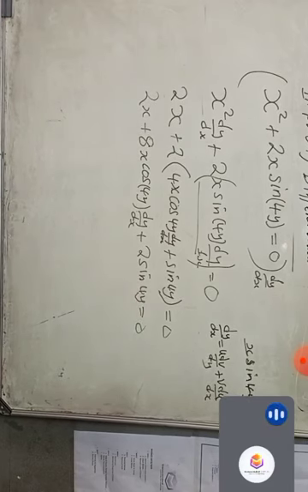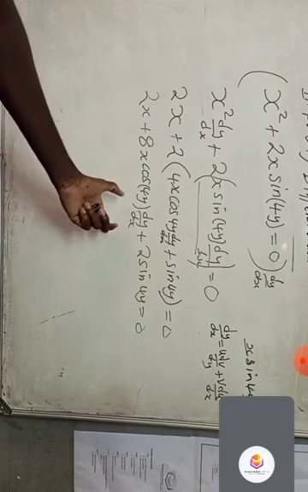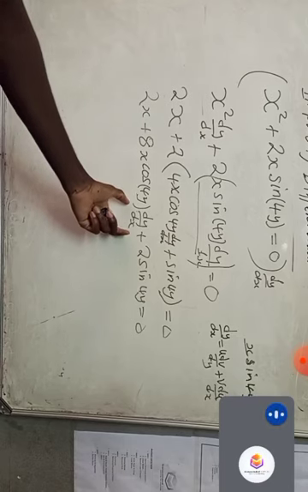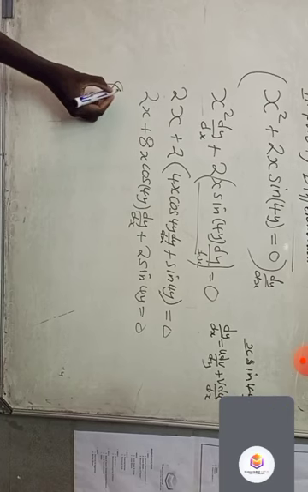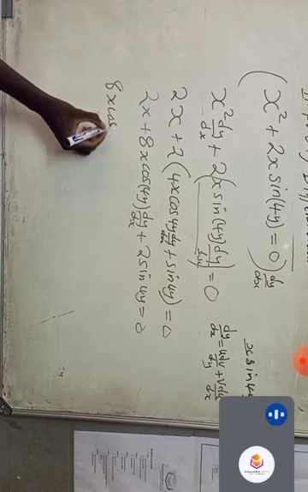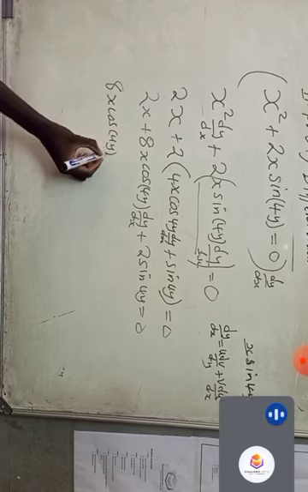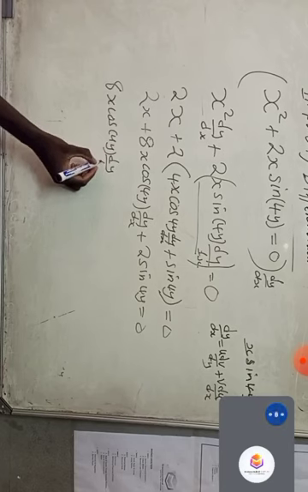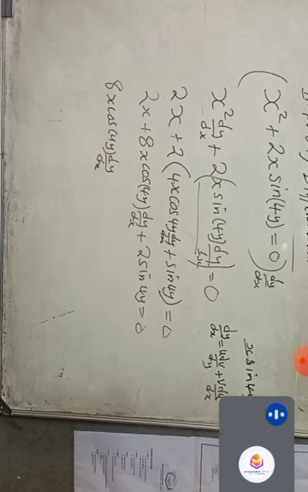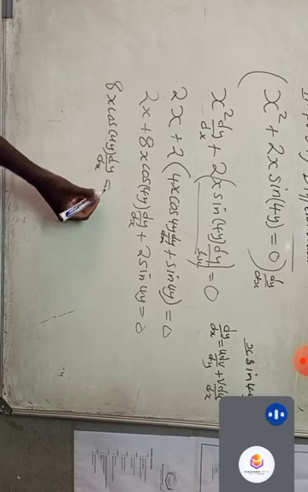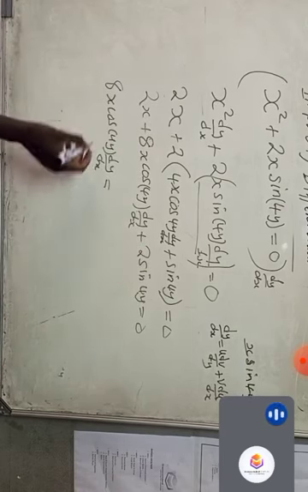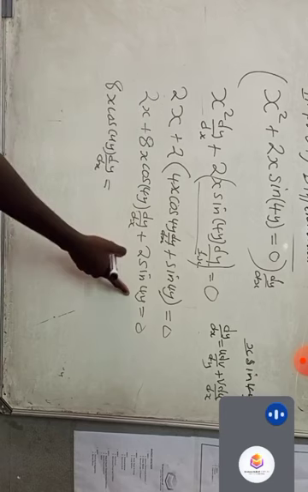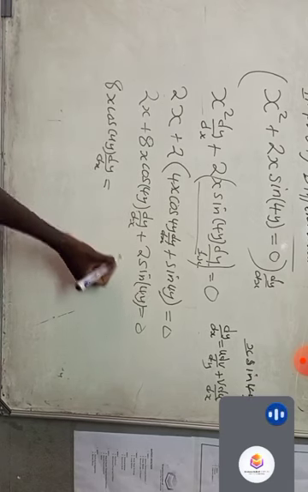Then again, make dy dx the subject of the formula. So we are going to remain with 8x cos 4y dy dx on the left side, and the other terms will move to the other side, since they don't have dy dx.